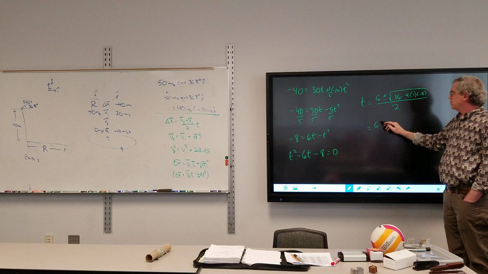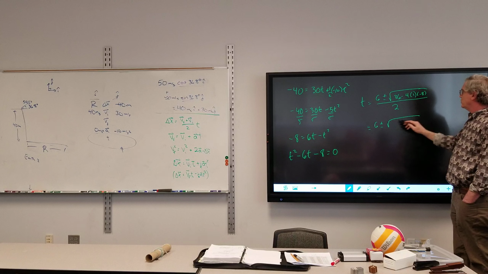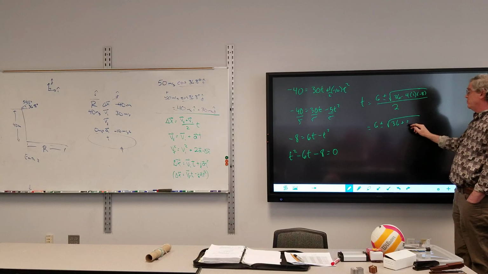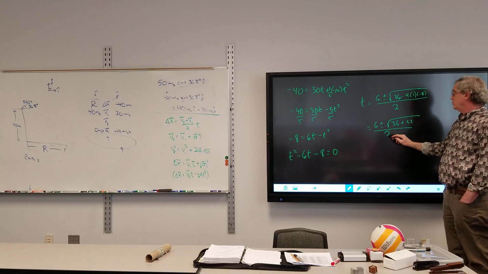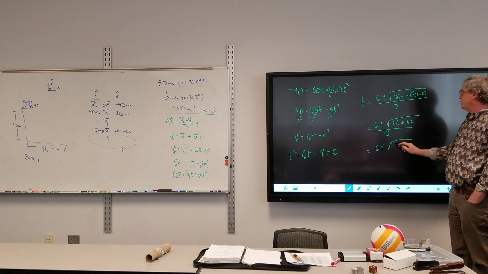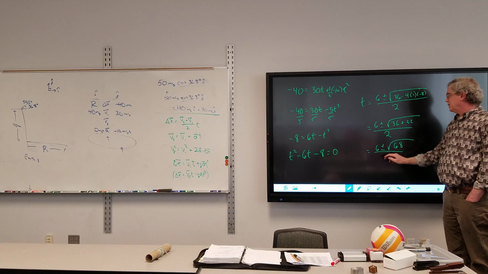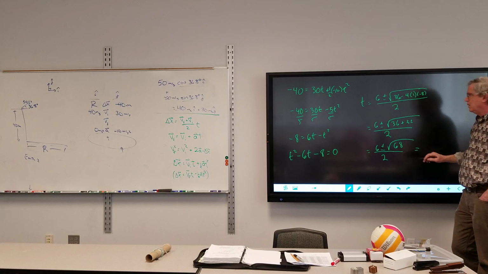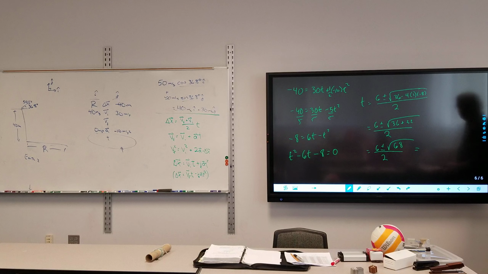So I get 6 plus or minus the square root of 36 plus 32 divided by 2, which is 6 plus or minus the square root of 68 divided by 2. I just got 7.12. That's 7.12. I think so.